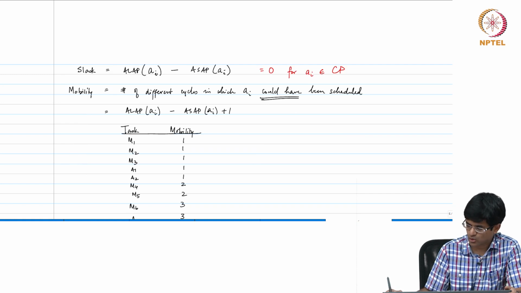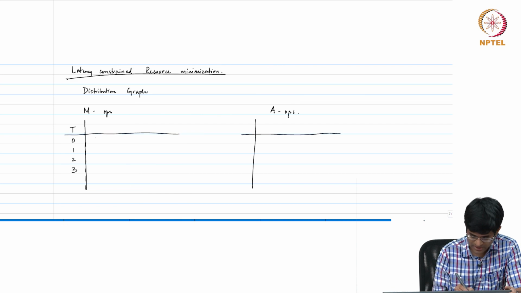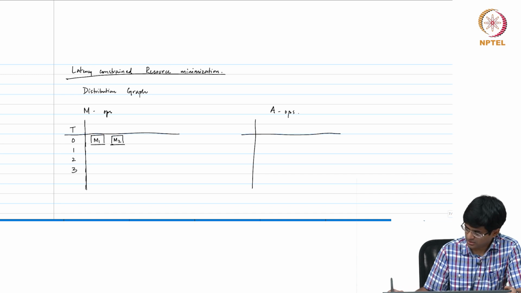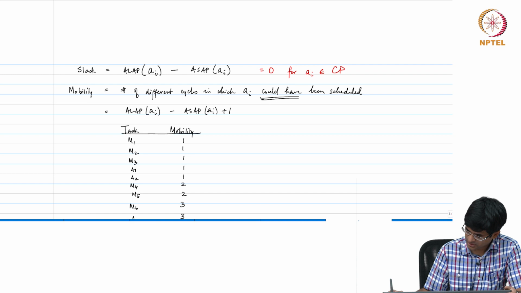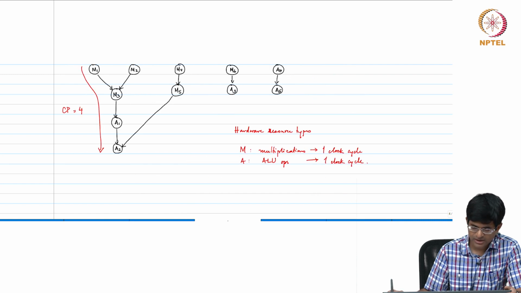M1 can be executed only in cycle number 0. So I'll draw M1 over here. It contributes a full 1 into cycle number 0. So does M2. What about M3? It has to be in cycle number 1 and will contribute its full effect into cycle number 1.